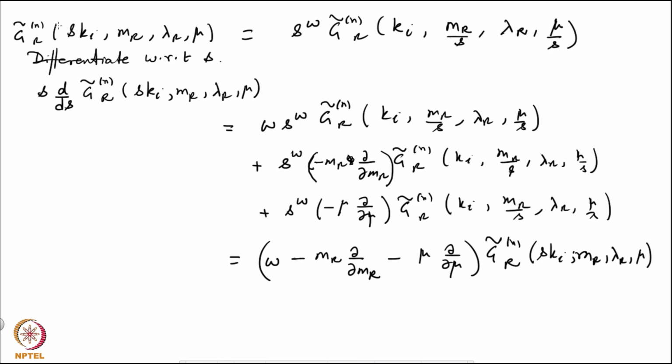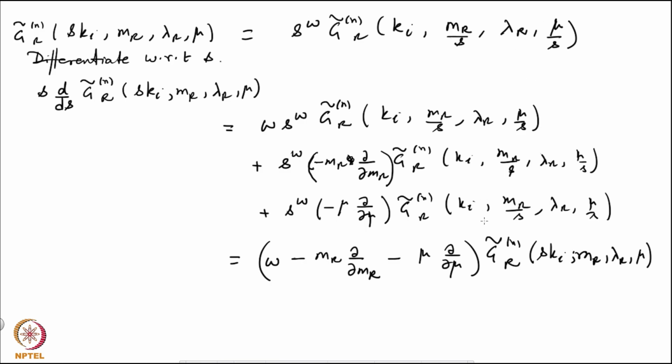See here, g tilde n with this scaled up k, but all these other parameters without scaling is related to this one by s omega. Related to this g tilde with this overall factor multiplying. So here you see you have s omega multiplying exactly this quantity. In here also s to the omega multiplying exactly this quantity, and similarly here.